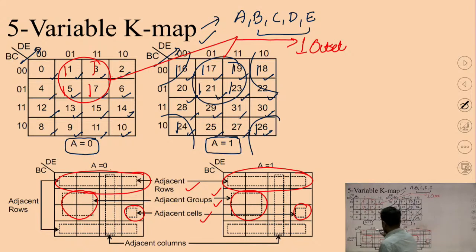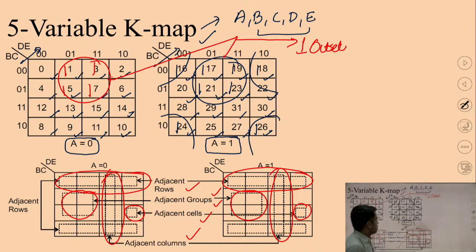Similarly, if there is a column here and a column on the same location on that side as well, so these are adjacent columns. So all in all, if a group is appearing at some location in one of the KMAPs and there is the same group in the other KMAP as well, then size will double up. This has to be remembered.